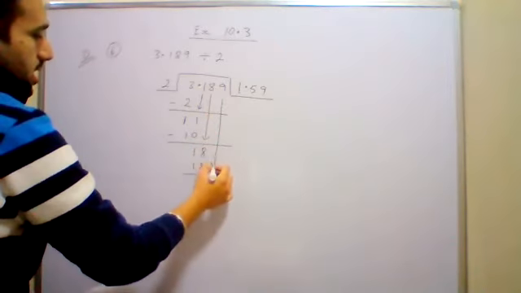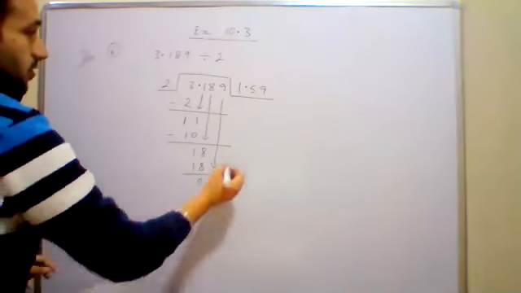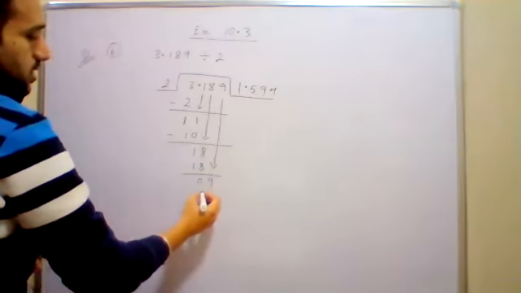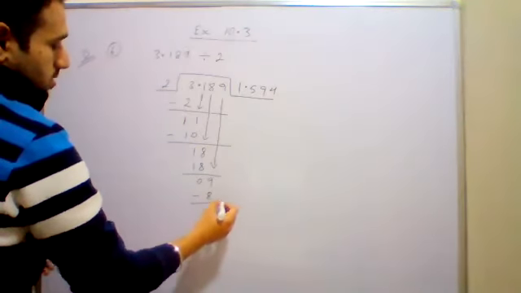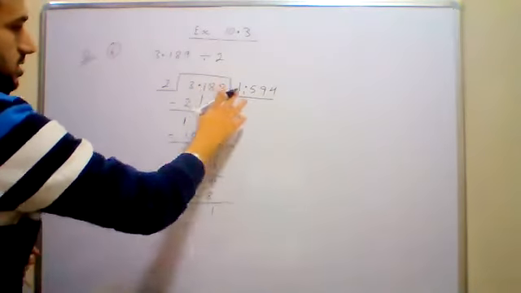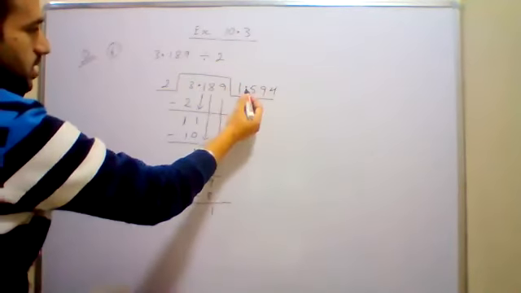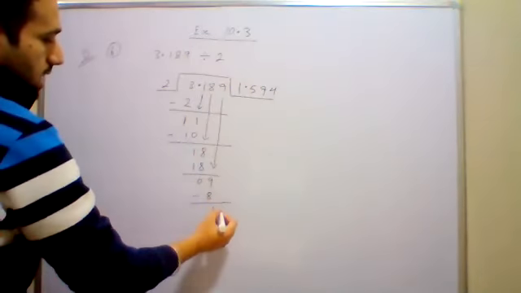Next digit is 9. We copy the 9. So this is 9. 4 times you will go. 4 times 2 is 8. 9 minus 8 is 1. 1 is the remainder. So 1 0, because we have already written a decimal here. The digits are finished, so you can write another 0.